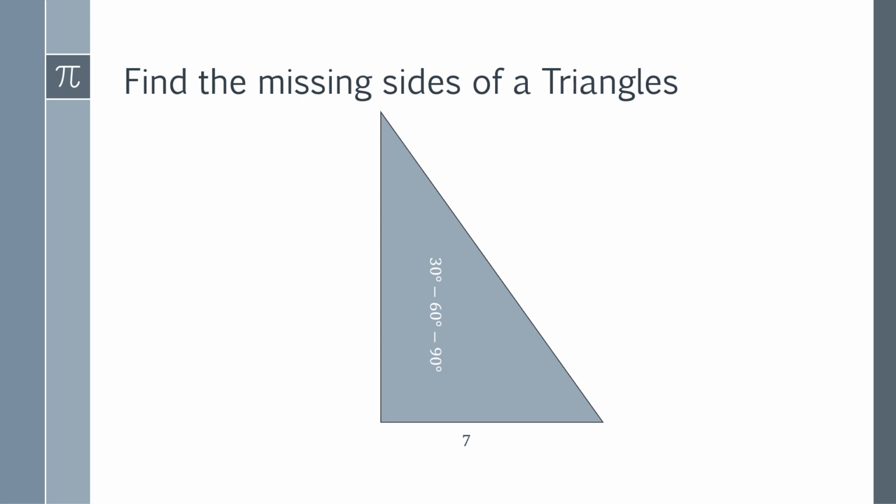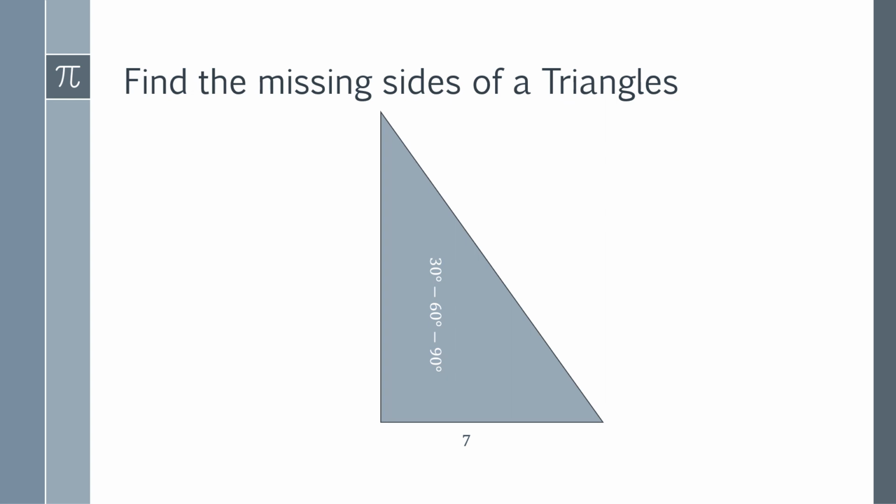Alright, so this is a 30, 60, 90 triangle. I need for you to give me the missing sides of it. So we know, if we look at it, that the adjacent leg, which is 7, is your short leg. But we gotta know the opposite and the hypotenuse. So we know the hypotenuse is twice the short leg.